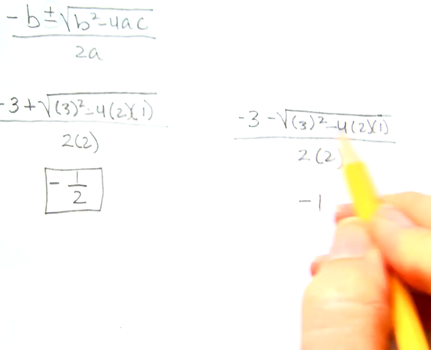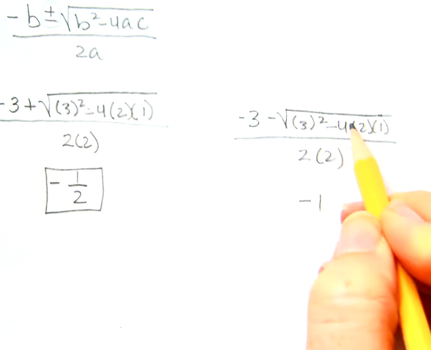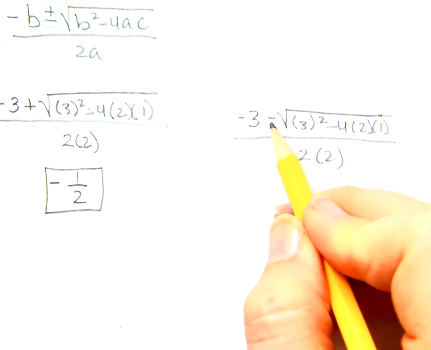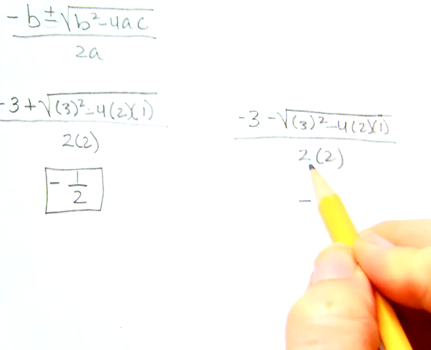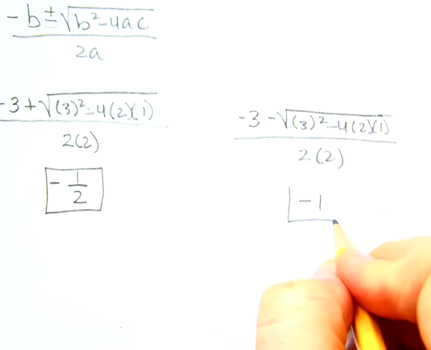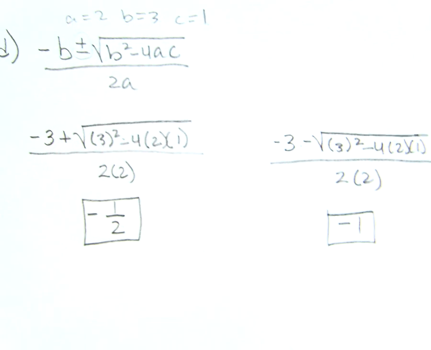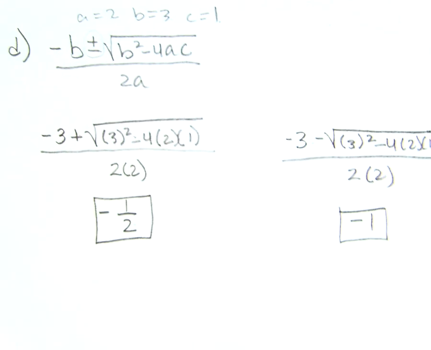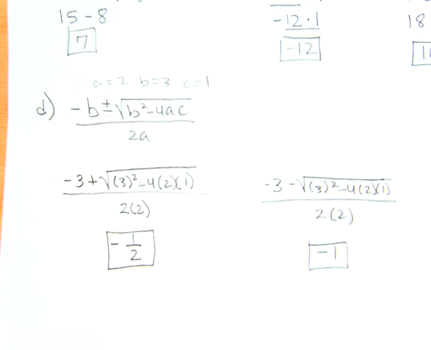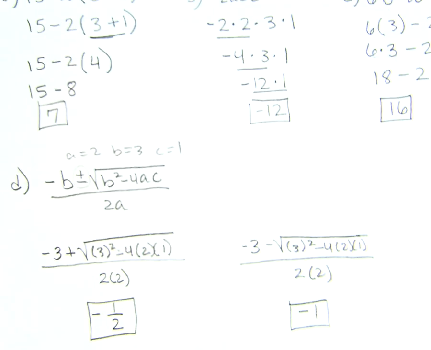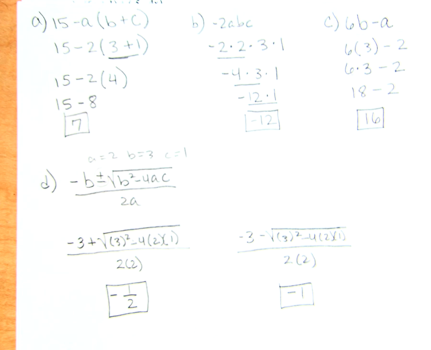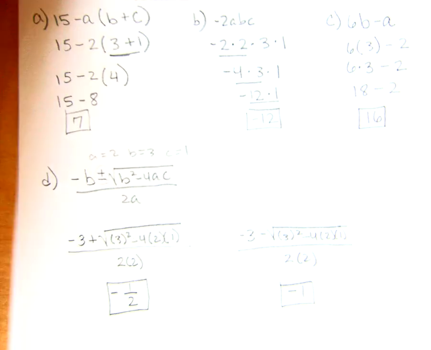On this side, that would be 9 minus 8 is 1, square root of 1 is 1, negative 3 minus 1 is negative 4, divided by 4 is negative 1. So, of course, do it without a calculator if you feel confident. Okay, so that's that section. That second section is just plugging numbers into variables. So let's move on to the next section.